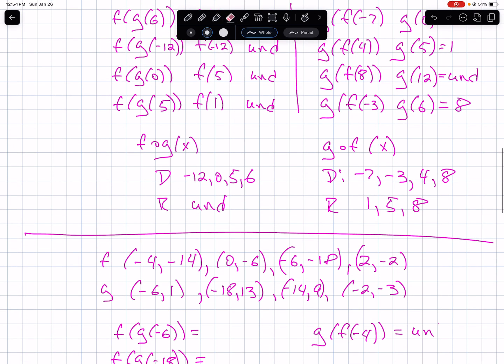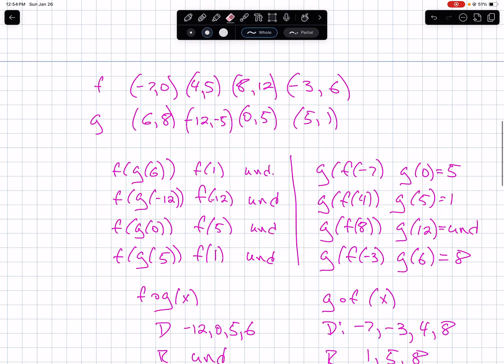So I think it still works, right? Because we said G of 6 is 8. Make sure I'm doing this right. So G of 4, right? So G of 4 means F is 1, because G of 4 is 1.